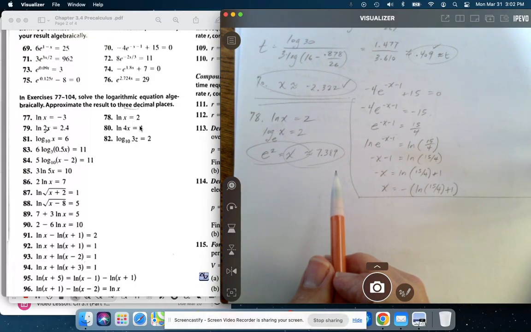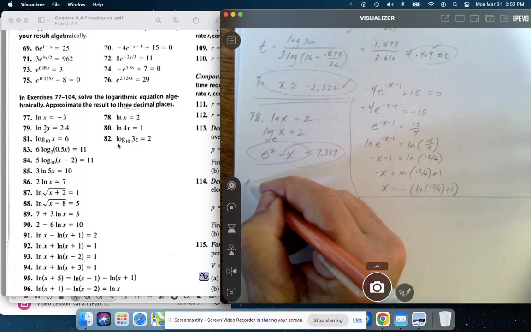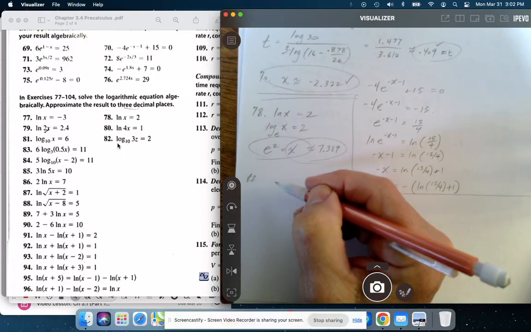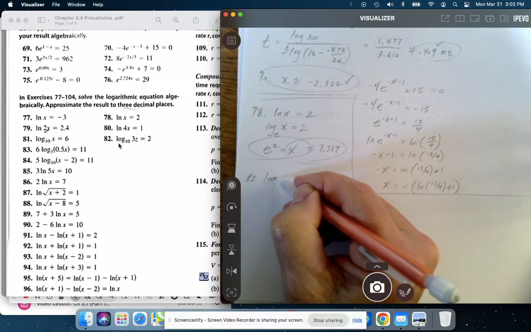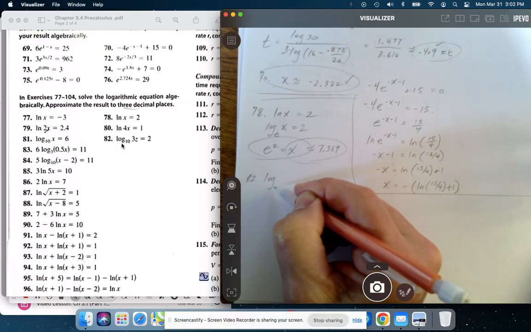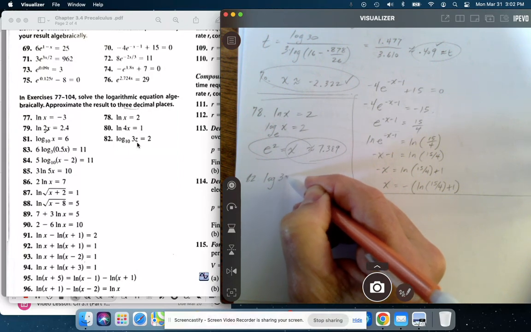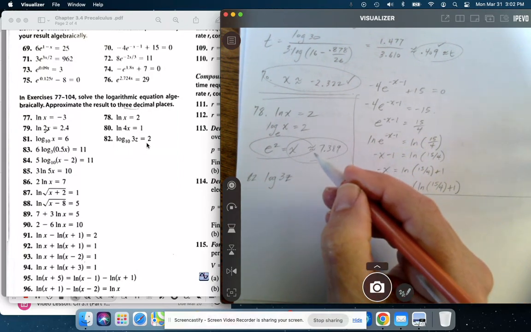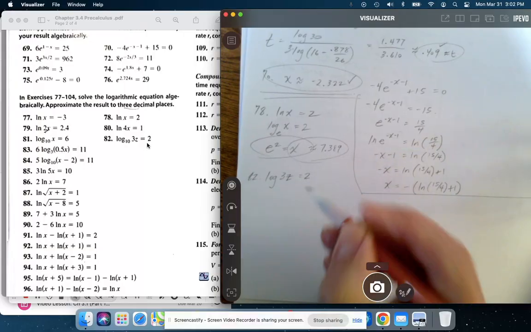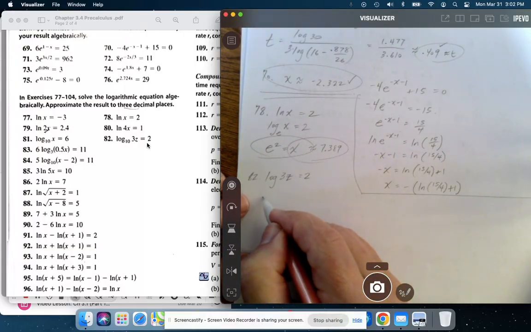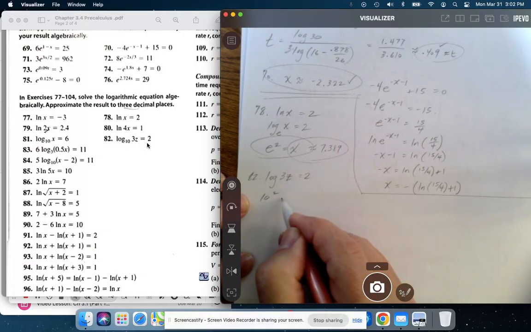That was 78. We'll do 82. Log base 10. I'm not going to write the 10 because it's not necessary when it's base 10. Log of 3z equals 2. So now it's 10 to the 2 equals 3z.